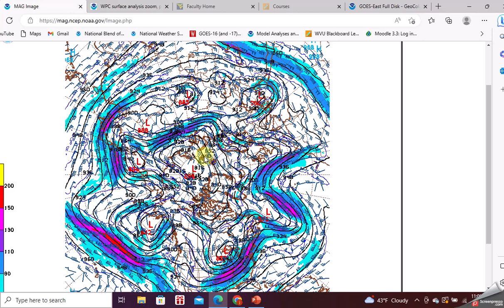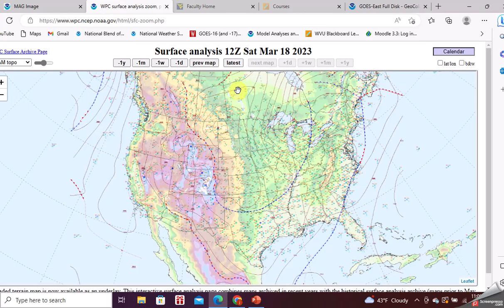Think about it. Where the jet stream is, the temperature contrast is going to be the greatest. Well, that would mean I should be able to identify that there's going to be some kind of a cold front out ahead of this jet stream here. Well, if I can get this map to come up here, notice where the cold front is, out ahead of that jet stream, this main cold front.